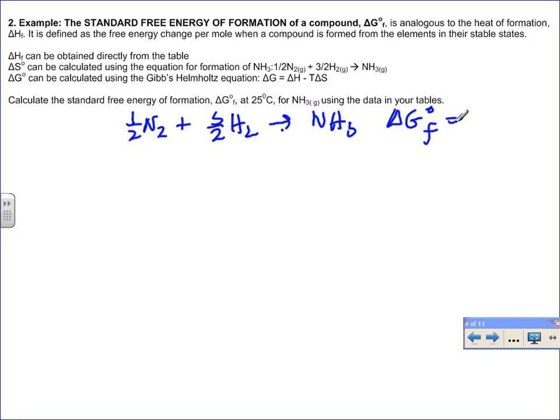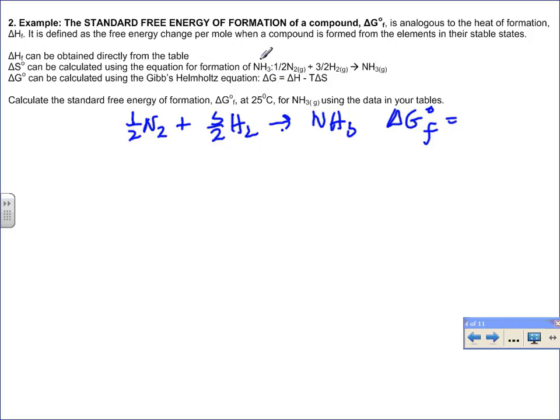Much like in the last unit, where we looked at deciding whether or not it was appropriate to label a particular reaction with a delta H naught F, we can do the same for delta G naught F. So in order to find the delta G naught F for this reaction, we're going to approach it using the same formula. Delta G is equal to delta H minus T delta S.